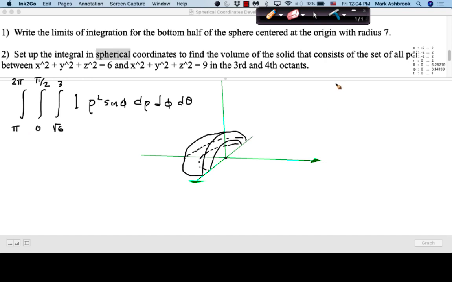Oh yeah, so the volume of a sphere is what? Remember? 4/3 pi r cubed. I should have given you that. So if the volume of a sphere is 4/3 pi r cubed, what would the volume of this thing be?